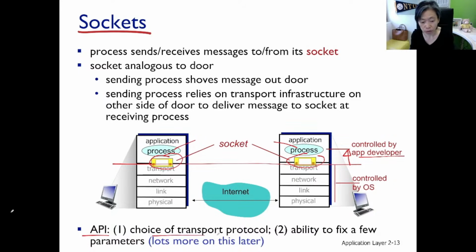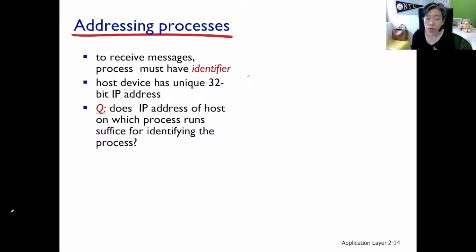That includes defining the transport layer protocols to use, as well as a number of other important parameters, such as the port number of the receiving process. The most important parameter to set for a socket is the address of the receiving process. Therefore, you can see that for each process running on the internet, we need a unique identifier.